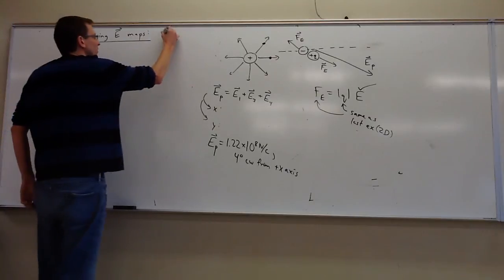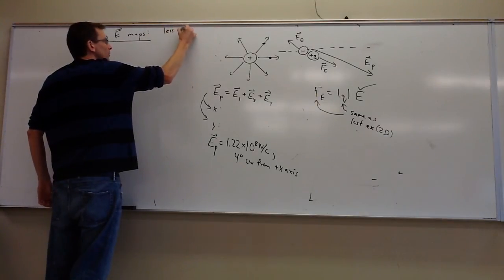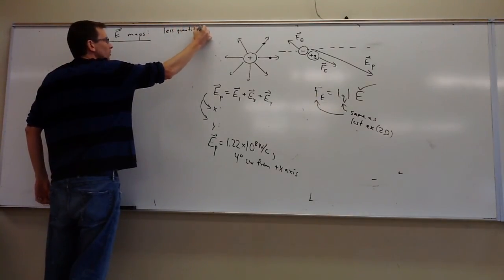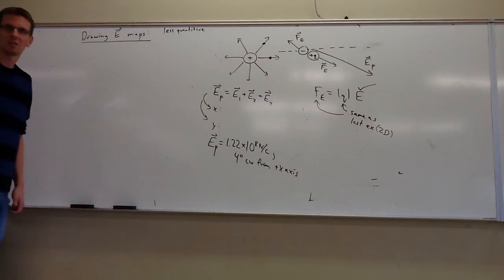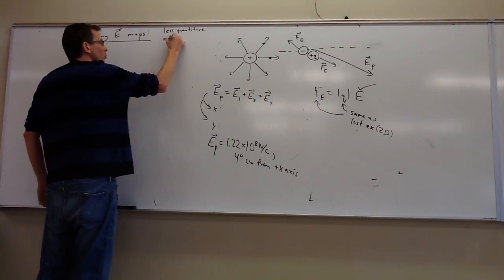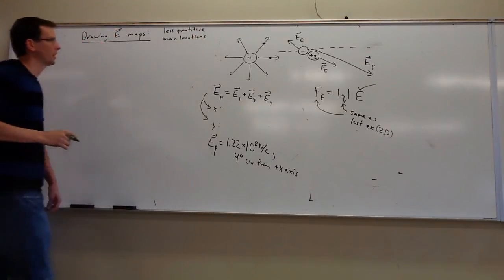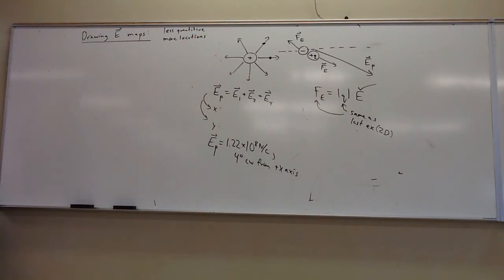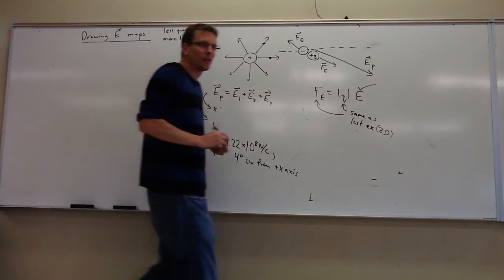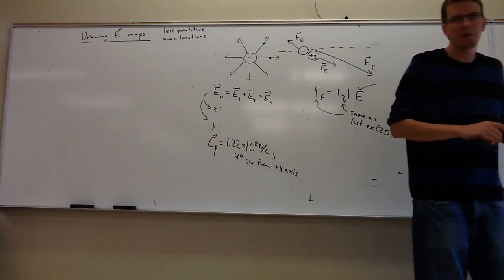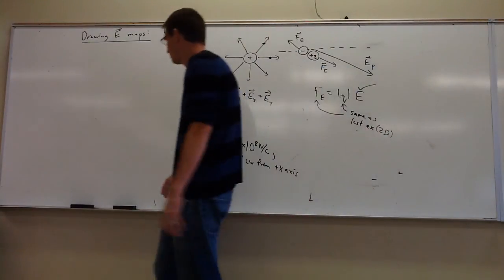Again, this is less quantitative. We're not going to focus in on specific numbers, but certainly way more locations where we're interested in knowing it. And I think the best way to do this is by example. So I can show you the tips and tricks along the way of how to do this.